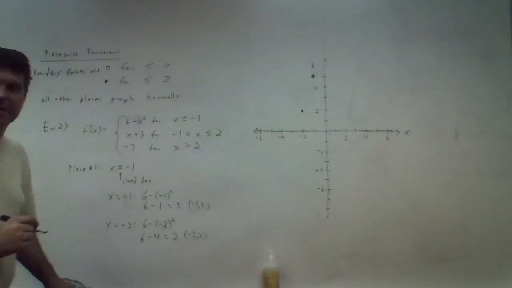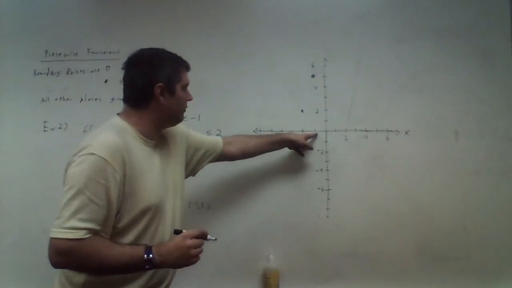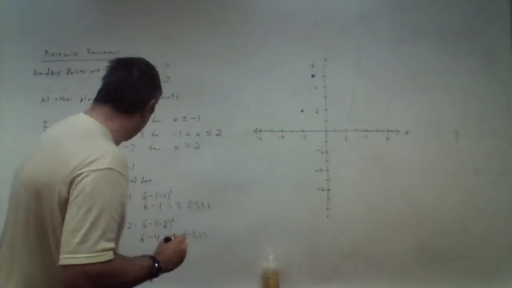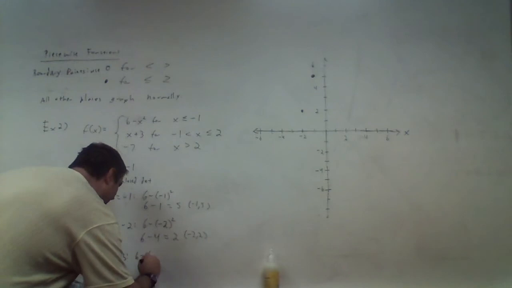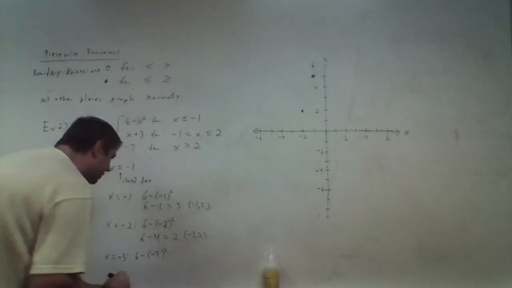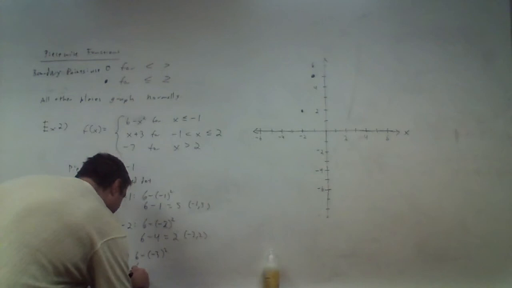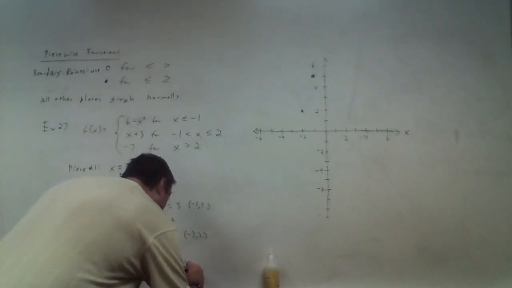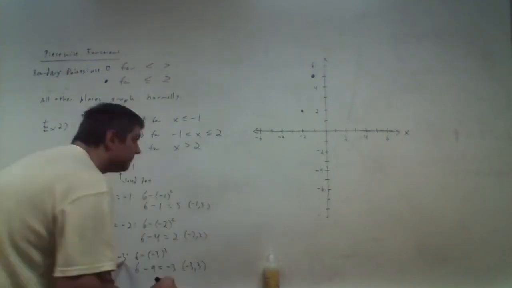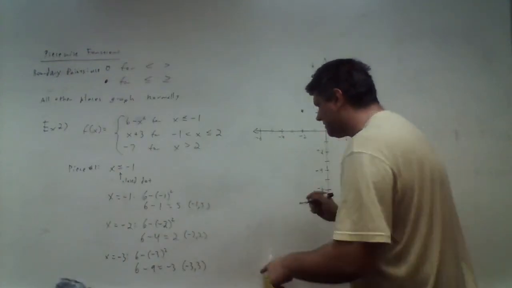And then for good measure, we did negative 1, we did negative 2, let's do negative 3. 6 minus negative 3 squared. 6 minus 9 is negative 3. So we have negative 3, negative 3.